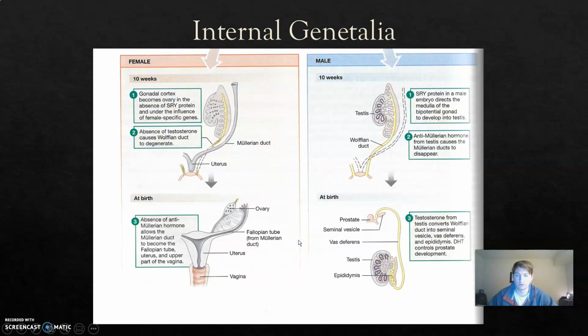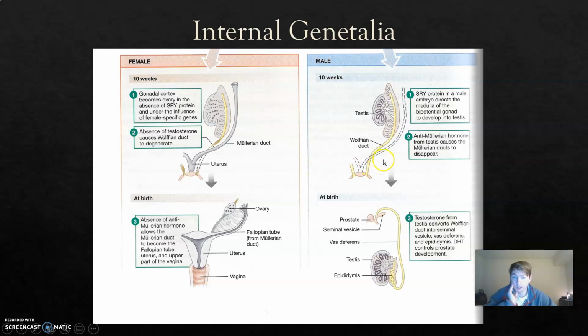So now for internal structure. So internal structure, we have two ducts that we start out with in the developing embryo, and that's your Mullerian duct and your Wolffian duct. So for females, your Mullerian duct is a duct that develops into your uterus and the upper part of your vagina and the fallopian tubes. So that's really important.